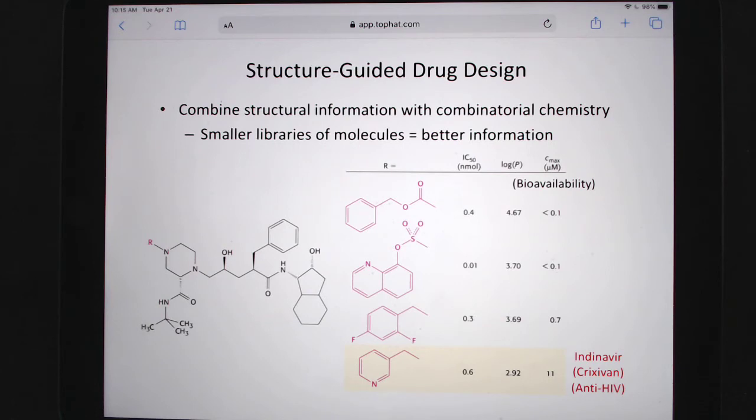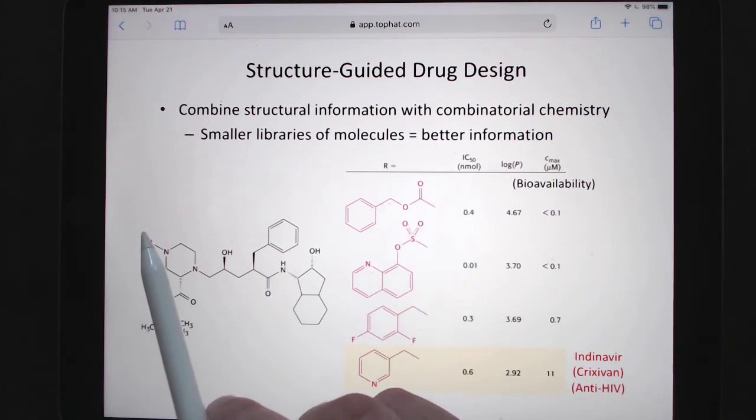You screen fewer compounds, but you get better information about it. This is also the rise of computational power, so you can do a lot of this virtually. You can do virtual screening, and make much better choices initially, so you can get better stuff out.